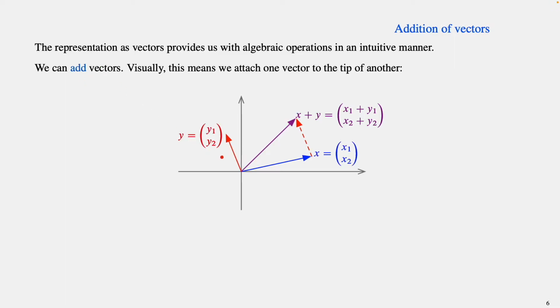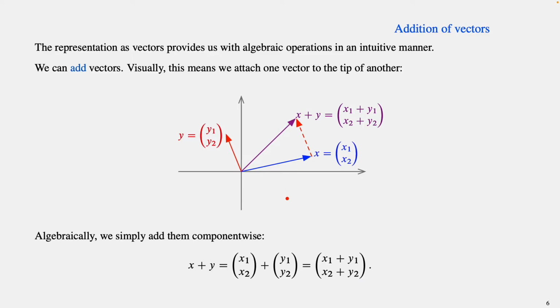What we do here is we have two vectors, x and y, given as arrows, and we take one vector, say y, and we glue the base of the vector to the tip of the other one, and wherever that points, this is the addition of the vectors x and y. So we take y, glue it to the tip of vector x, and then the tip of y glued to x points to x plus y.